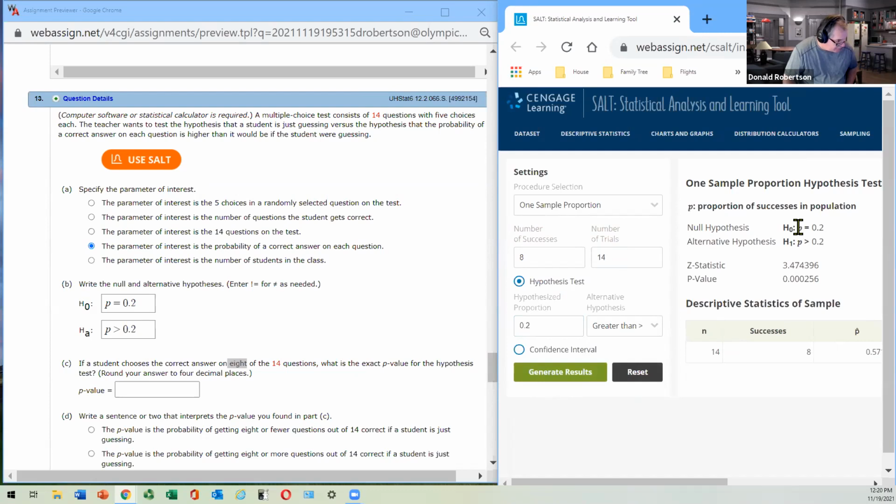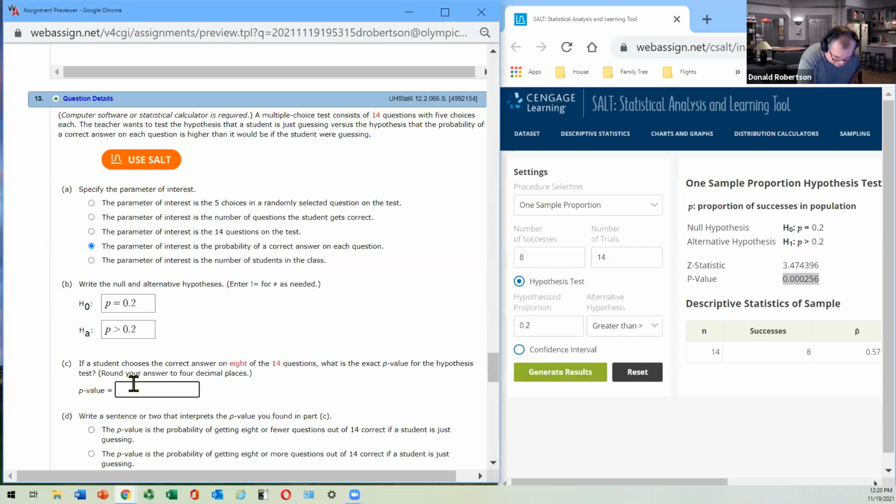And the p-value in this case, that's an interesting coincidence. Let's see it. Here, it's tiny. And the p-value to 4 decimal places is 0.0003.